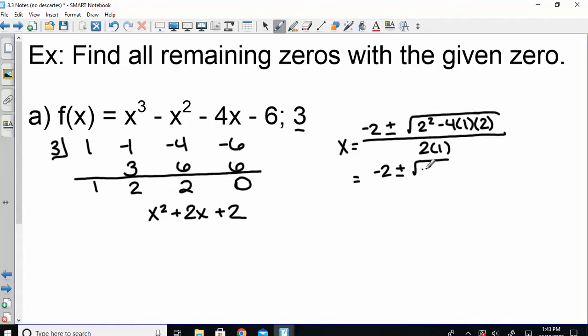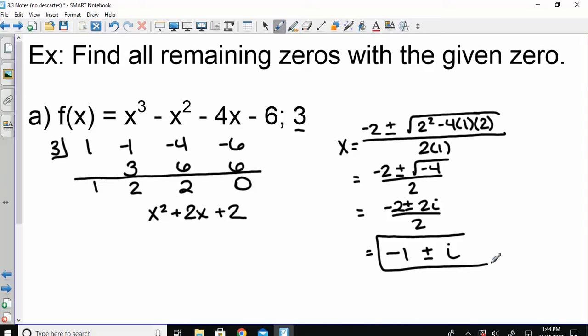So under my radical, I get 4 minus 8, so that's -4. What is the square root of -4? So I have -2 plus and minus 2i divided by 2. So -2 divided by 2 is -1. 2i divided by 2 is i.